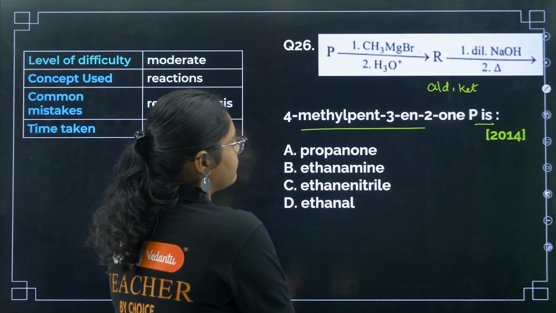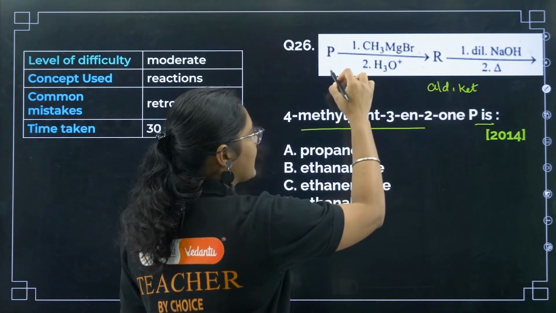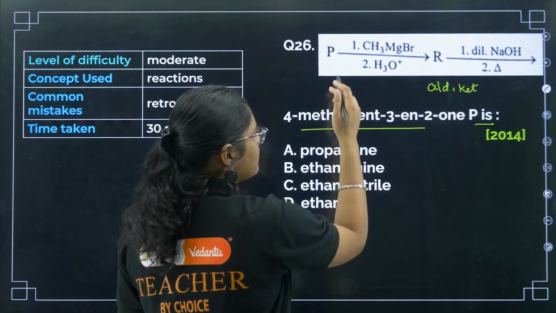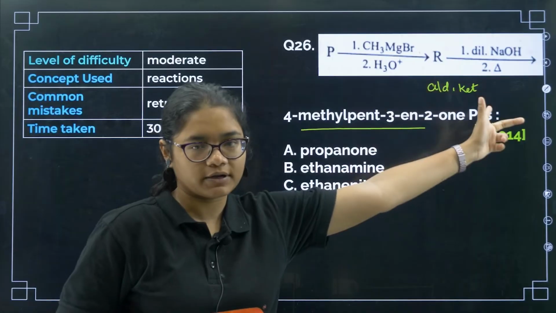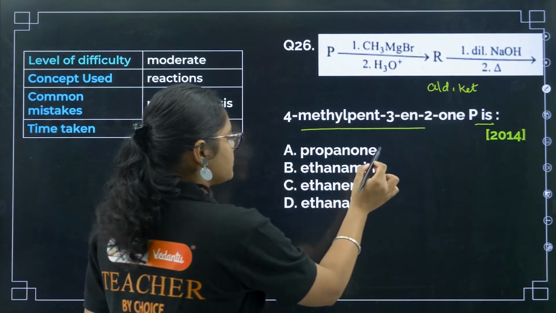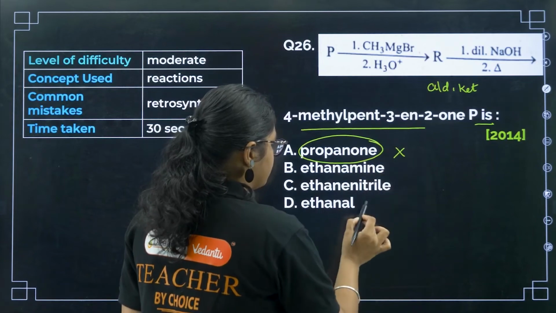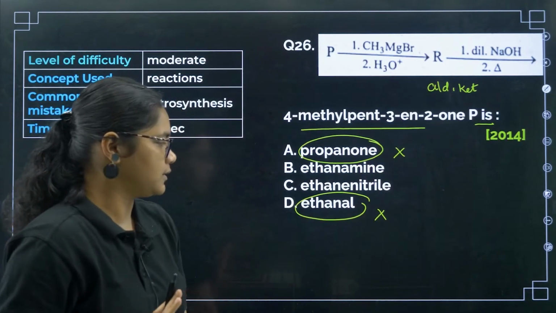The reactant must not be an aldehyde or ketone, because the product is the aldehyde or ketone. So option A is already a ketone, we can eliminate this one. This is also already an aldehyde, we can eliminate this one.